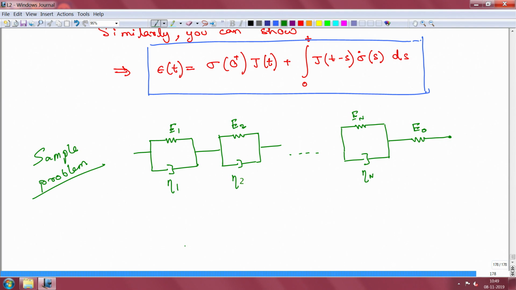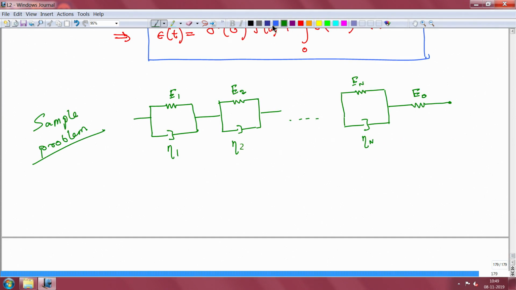So, what happens if we put a lot of Kelvin-Voigt bodies and one spring in series like this? When you apply a certain amount of force, let us just say that each of them is experiencing force F 1, another one is experiencing F 2, and all the way till F n.